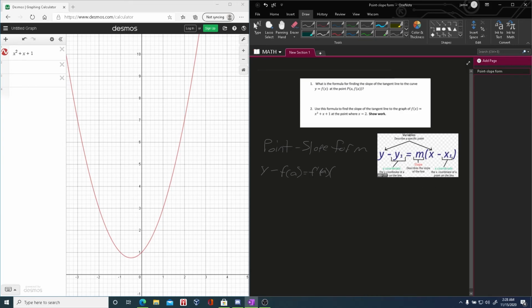Remember, there's no definition for x, it's a generalized term. x1 is the x coordinate, which in this case is just a. And so this is the answer for number 1.